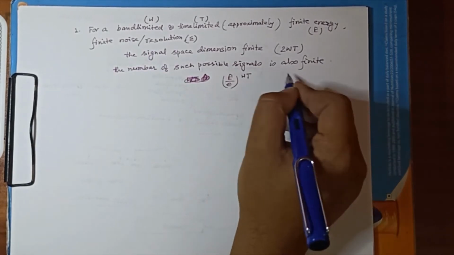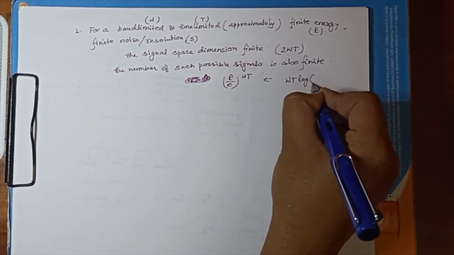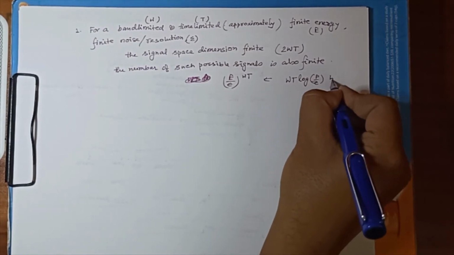Which in binary representation we can write using WT log(E/epsilon) bits.